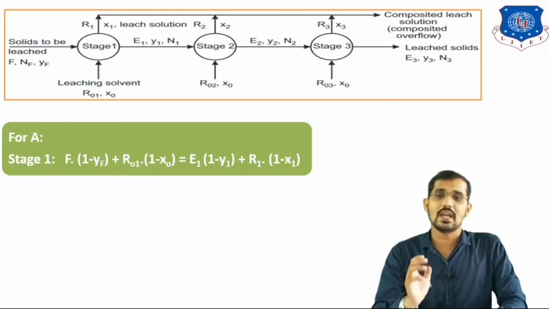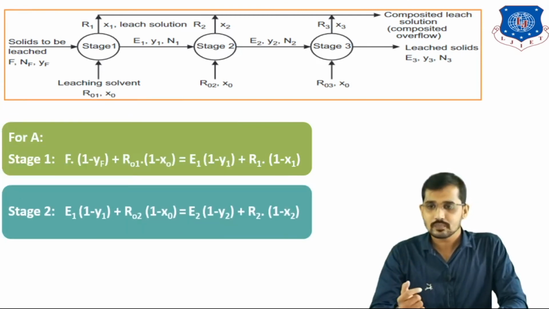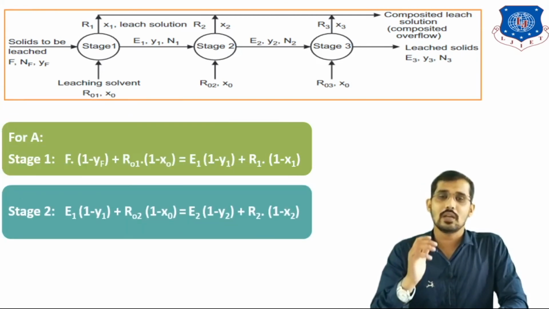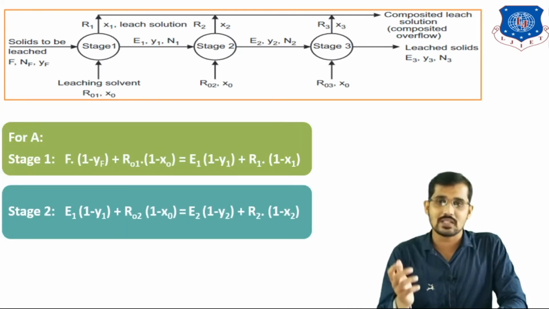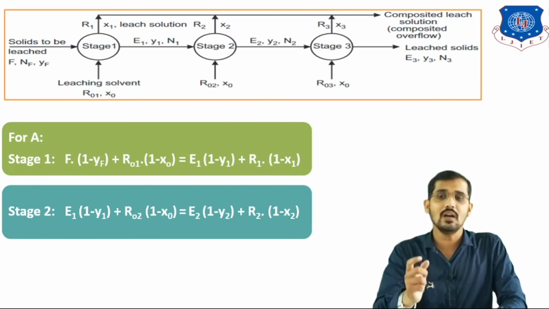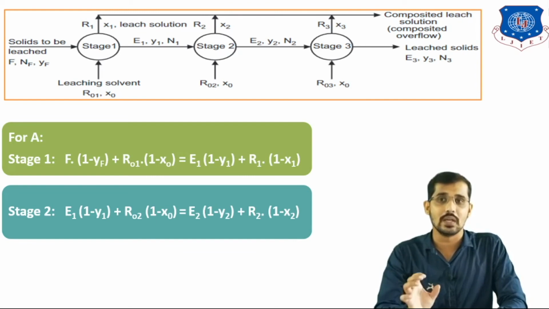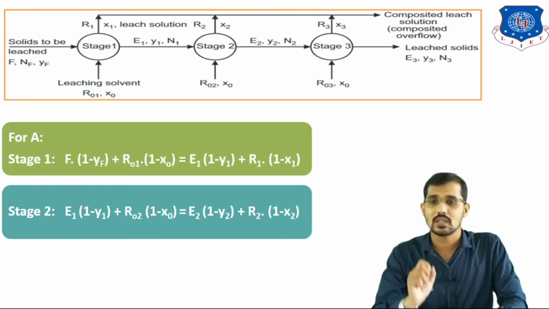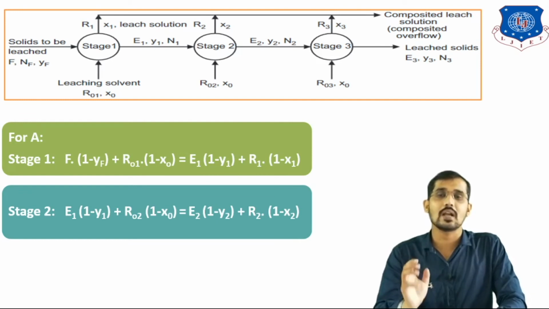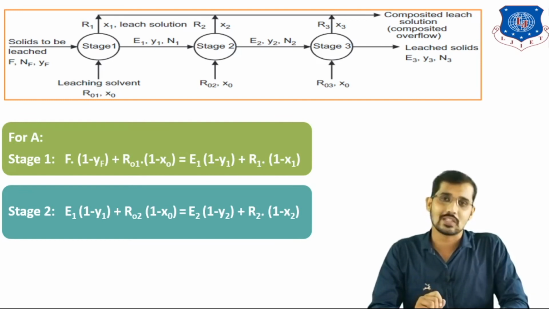Okay. Similarly I can write for the second stage. Whatever underflow is coming from the first stage is the feed for the second stage now. So you can see here we are writing for the solvent component. E1 in bracket 1 minus Y1 plus R0 2 in bracket 1 minus X0 is equal to E2 in bracket 1 minus Y2 plus R2 in bracket 1 minus X2.